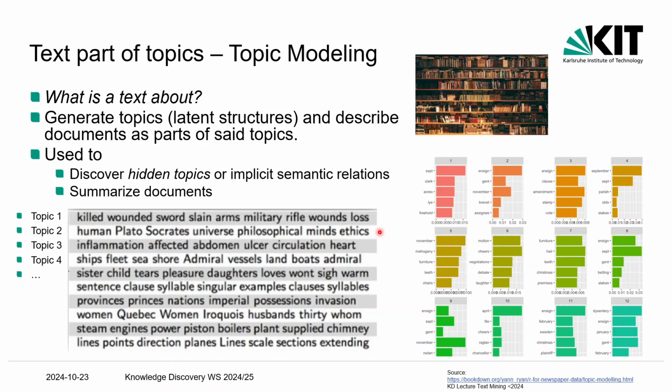Whereas here, if we go for topic 4, you might have ships, fleet, sea, shore, admiral, vessels, land, boats, admiral. Well, here you see that's apparently case sensitive. In this case, you have capital A admiral and lowercase admiral in there, but these are all kinds of words linked to boats and to, well, the sea.